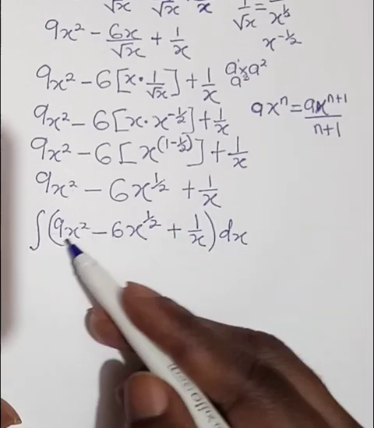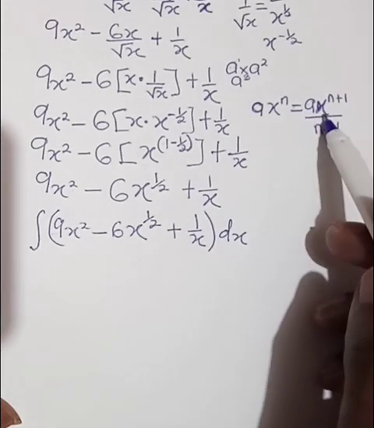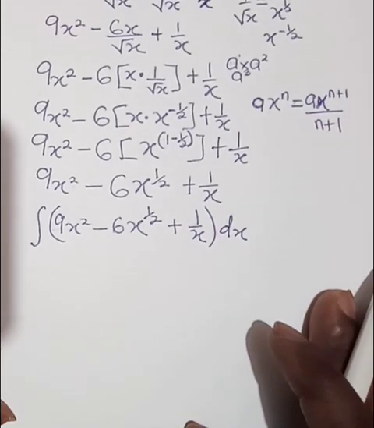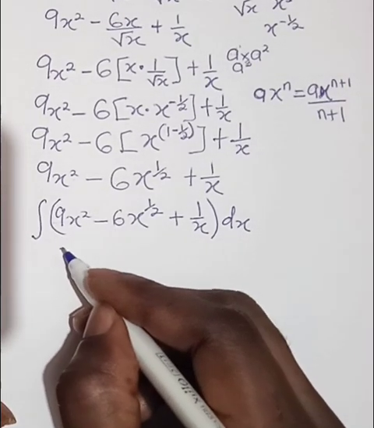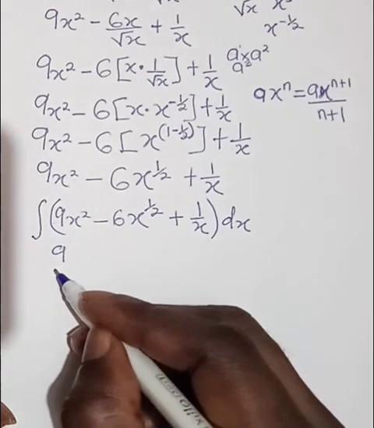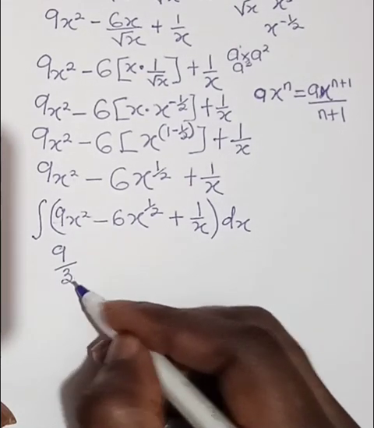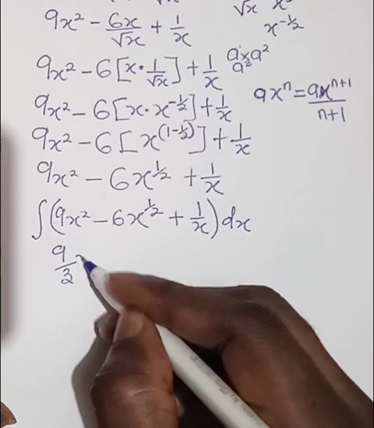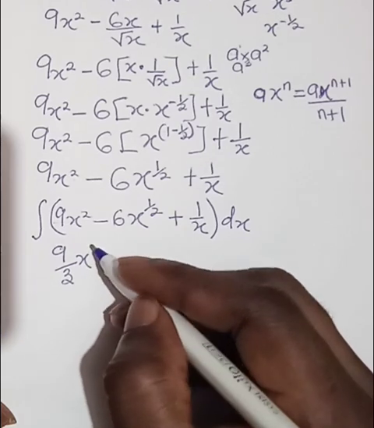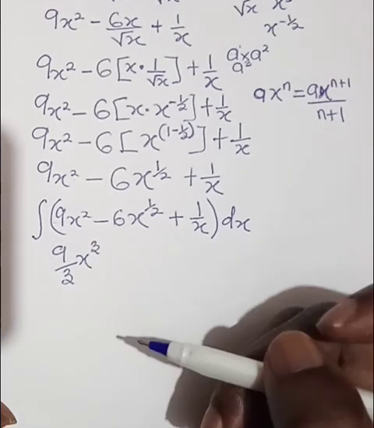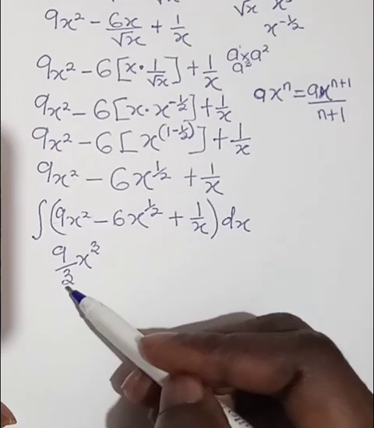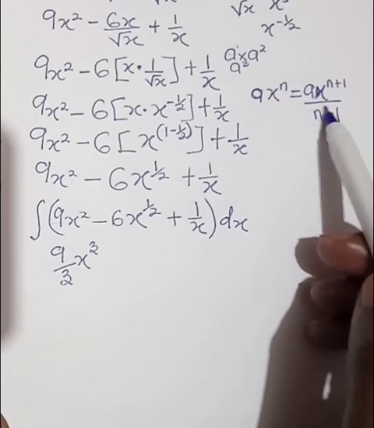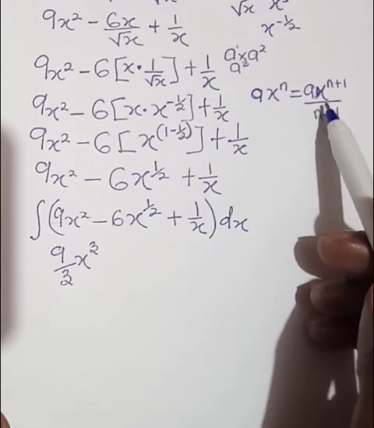You get that? So we are going to apply this general rule of integration. So if I'm doing that, then here I will get my 9 divided by 3 times x exponent 3. I've gotten that because if I add 1 to this, I'm getting 3, and divide by 3. That is what the general rule states.